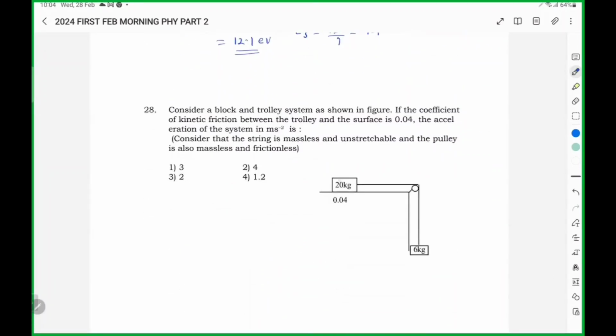Here the coefficient of kinetic friction is 0.04. Here 6g minus T is 6a. Direction of tension is away from the point of contact. So T minus the frictional force. That frictional force is mu k into N, equal to 20.